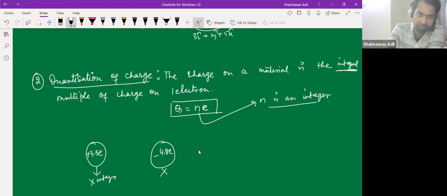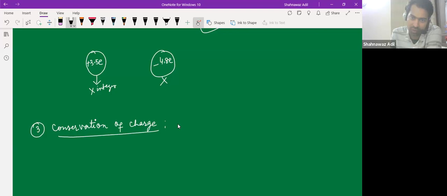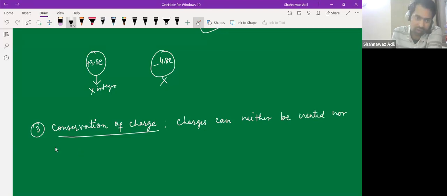And the third one is conservation of charge that you guys have heard numerous times, right? So total charge can neither be created nor be destroyed.